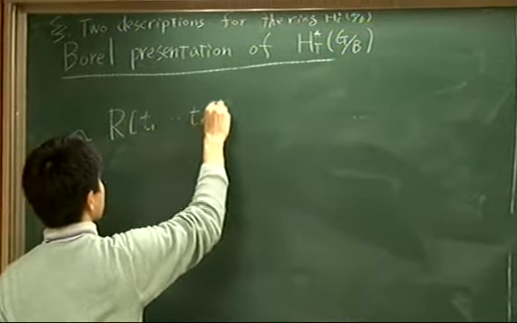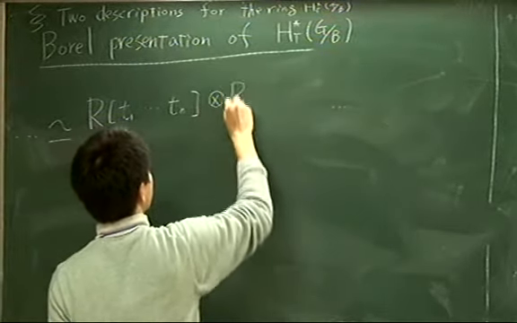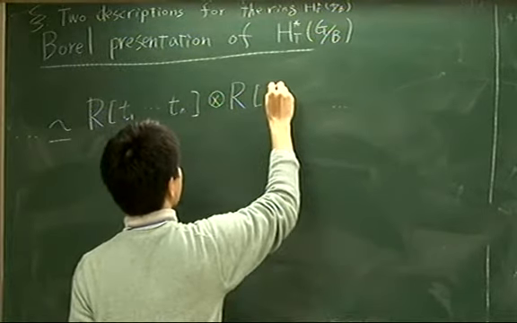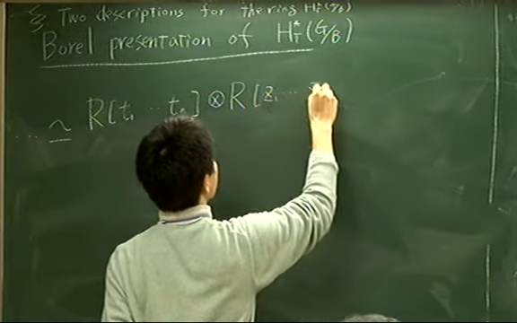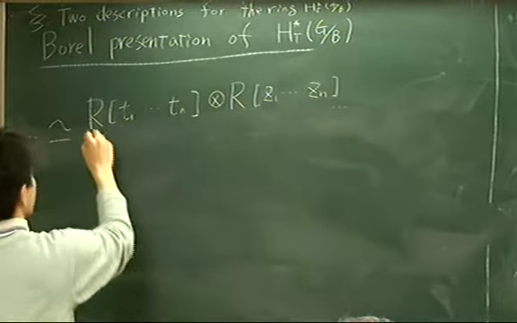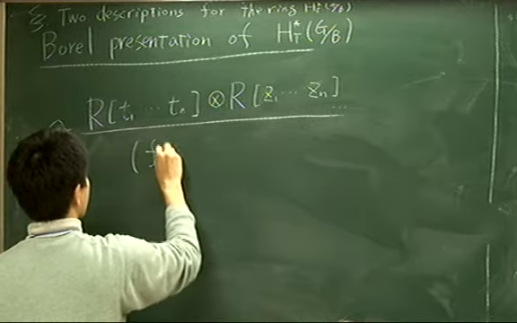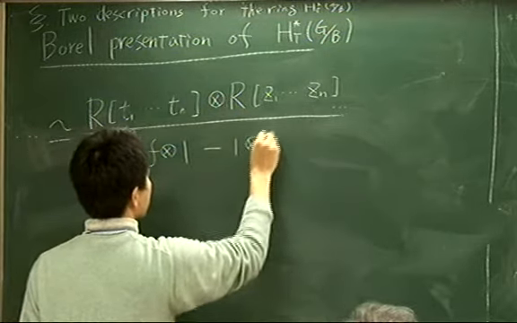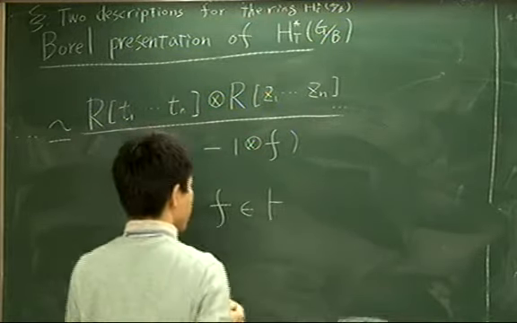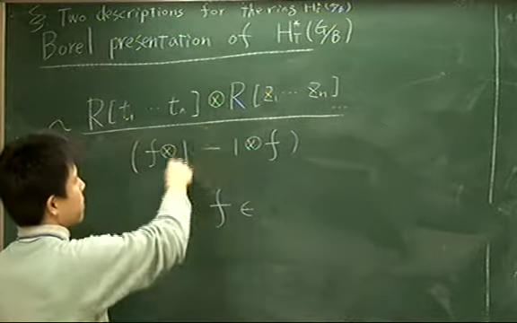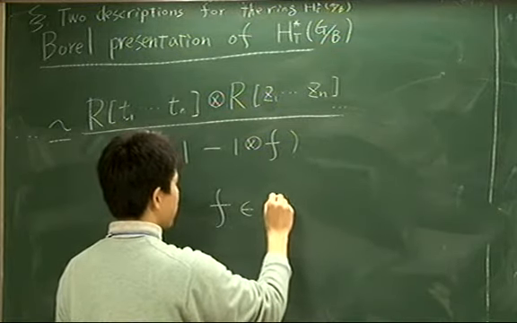The first one corresponds to the left B_T tensored by the right-hand side, B_T divided by relations given by this form, where f is an invariant polynomial.